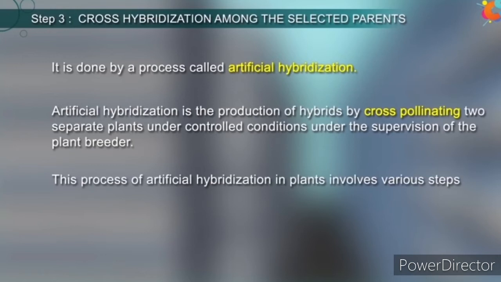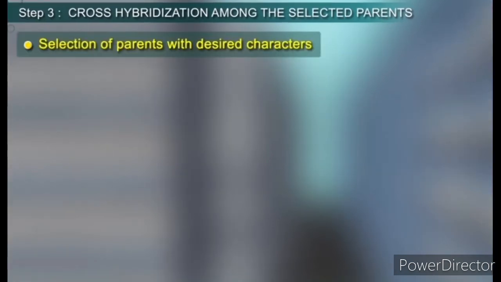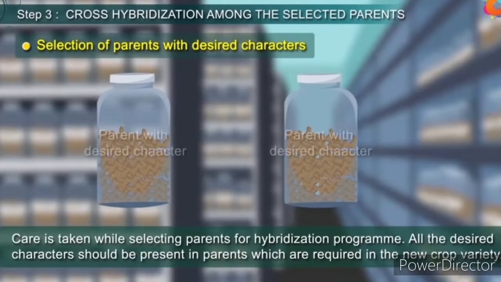The process of artificial hybridization in plants involves various steps. First point, selection of parents with desired characters. All the desired characters which are required in the new variety should be present in the parents.